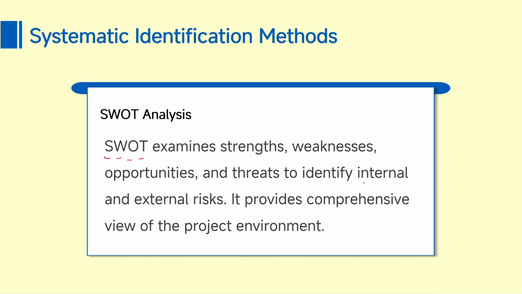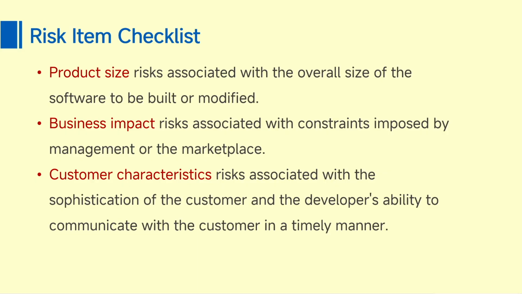Both internal and external risk will be considered, and this is also going to produce a comprehensive view of the project environment. So through these methods, various risk items are being taken for consideration. That includes, one is product size, the size of the project that has to be built.